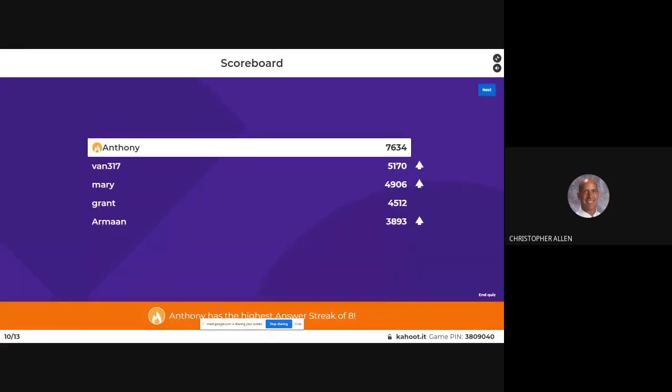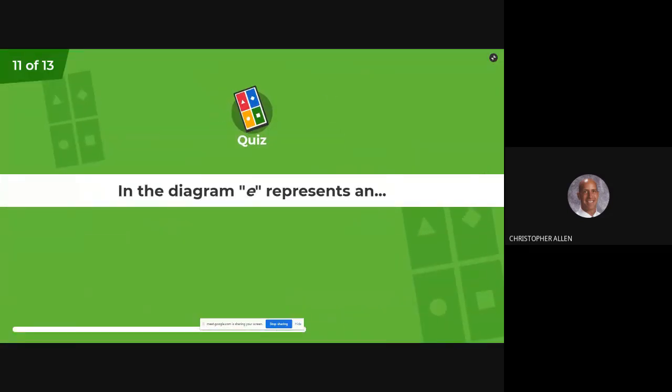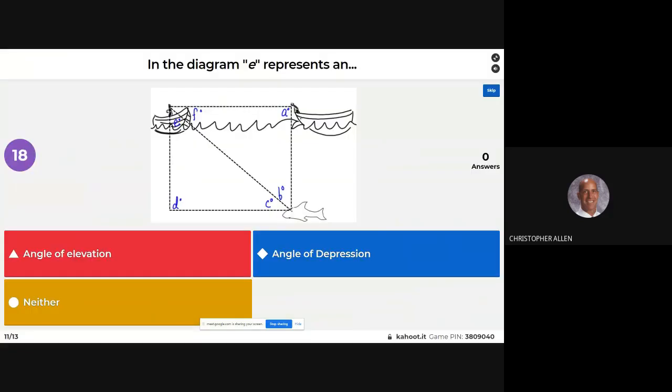Anthony, you're on fire. Vaughn, you have moved up into second. Mary, you are now in third. What does E represent? E is this one right here.